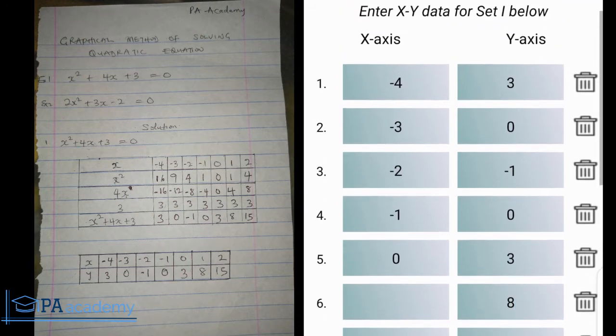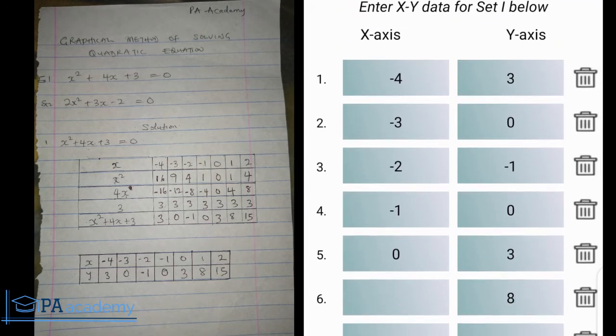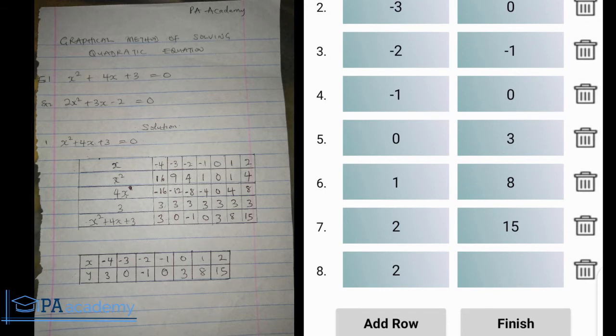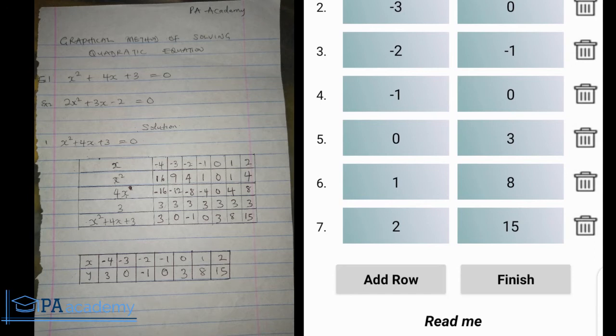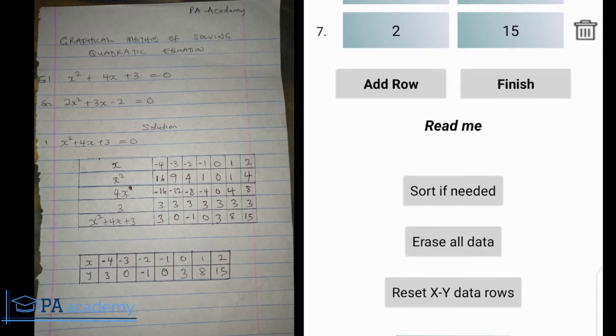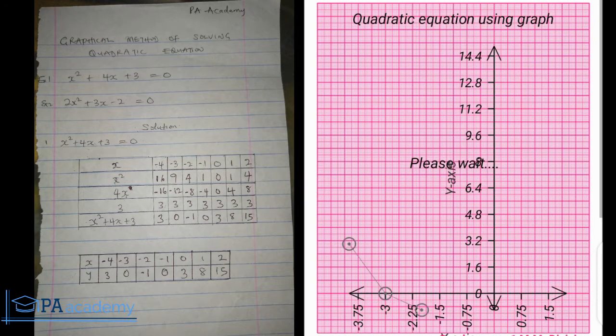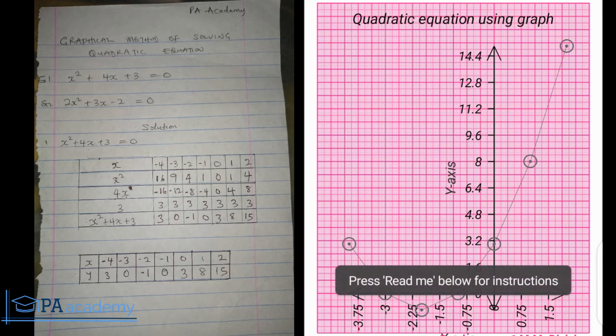Oh, I think I've skipped a number. 3, 0, minus 1, 0, 3, 8, okay, 15. So let me delete this. So once you click on finish and plot graph, this is how the graph will look.